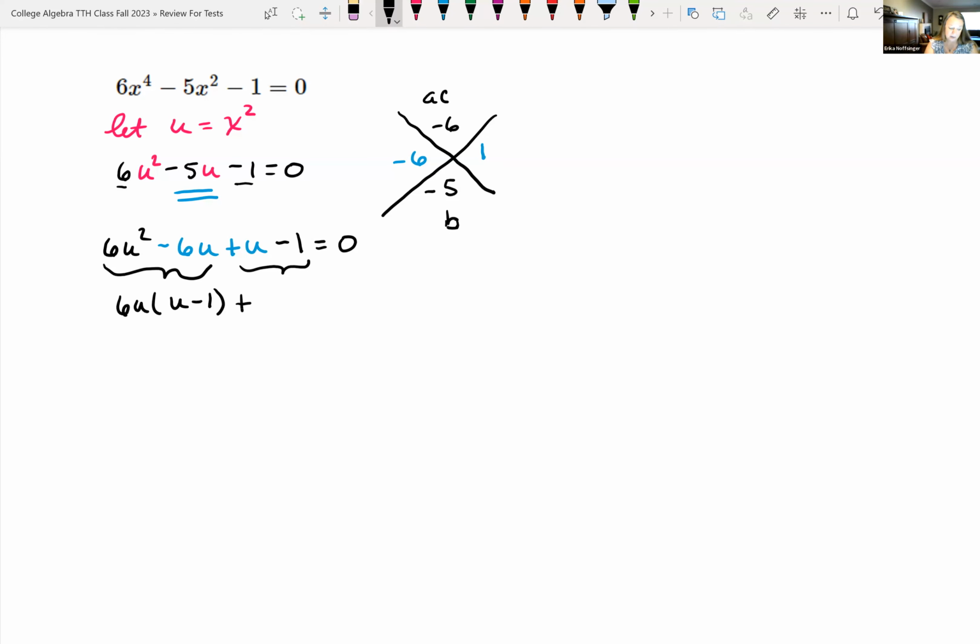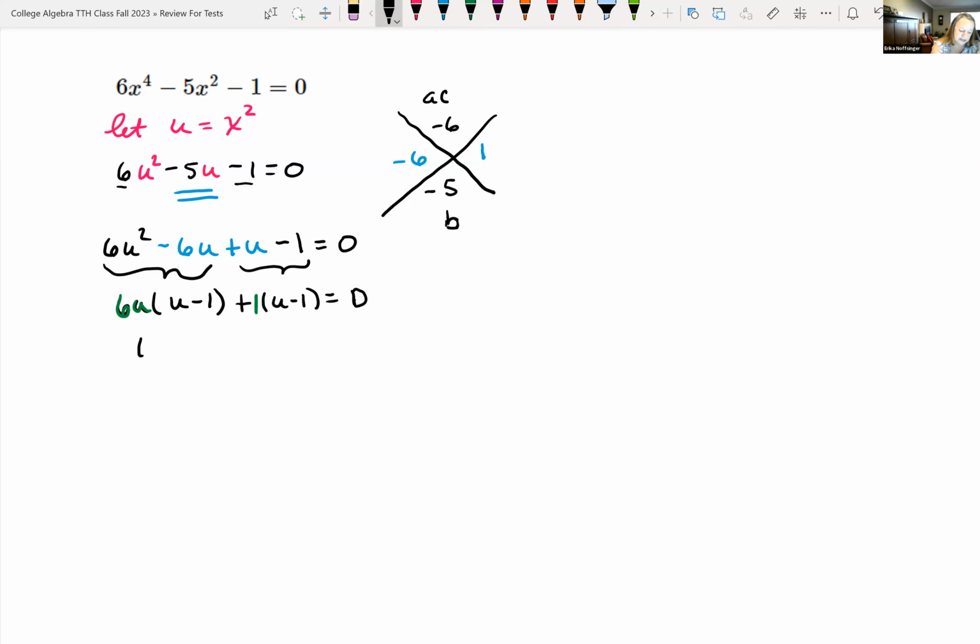There's nothing in common, but that's the same thing that's in my parentheses over here. So let's just put it in parentheses here. So technically, there's a 1 in front of that parentheses. And so this is equal to 0.